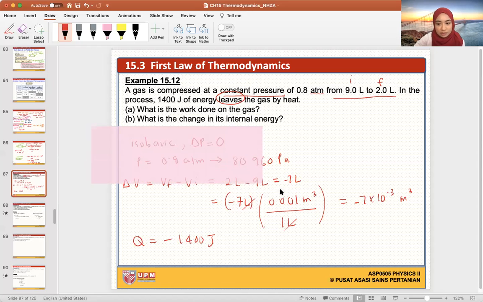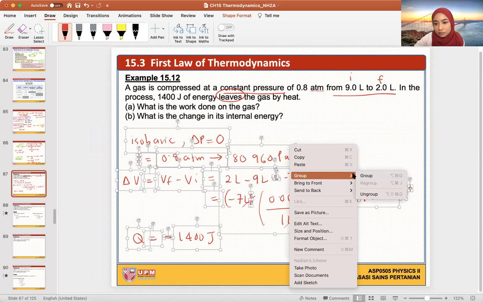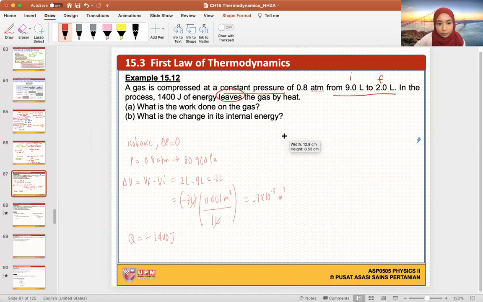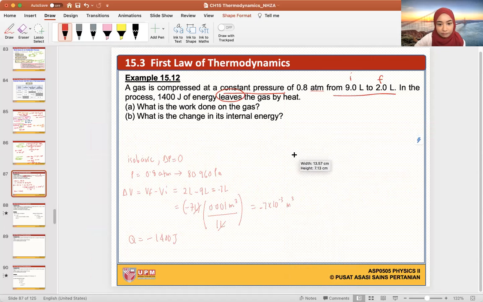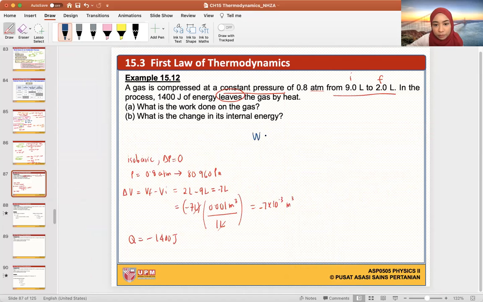Now it's time to answer the question. So let's group this. Let's use blue. Okay, so work done. What is the equation that I need to use here?